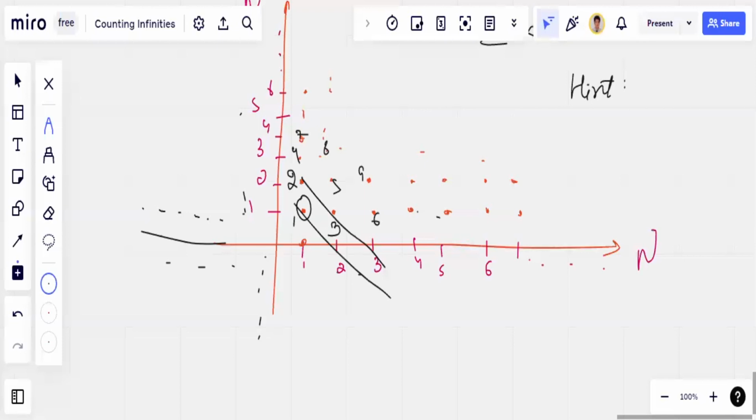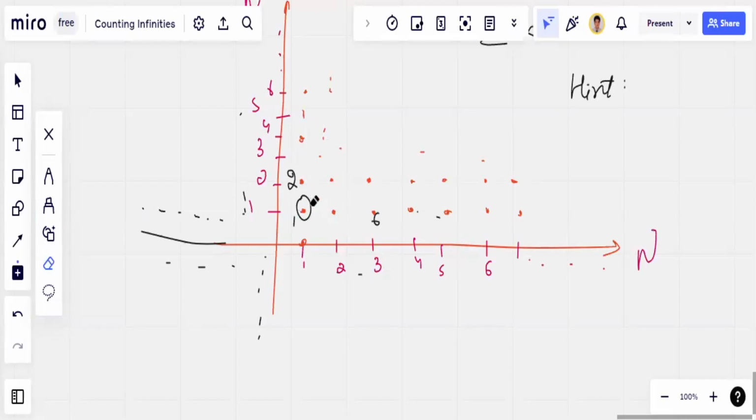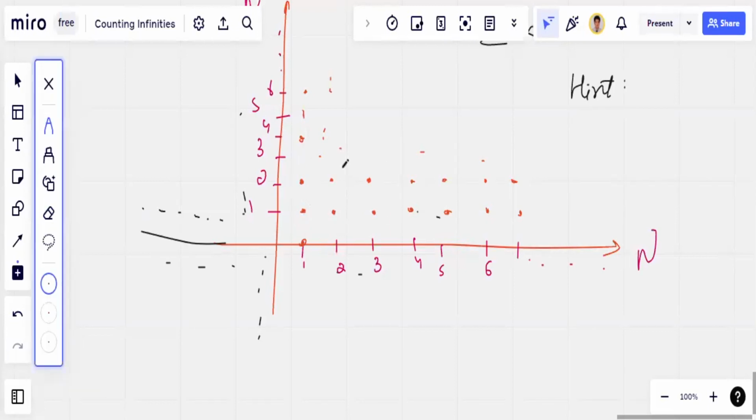Someone said that when you count each point, you can also count its reflection across the x-axis, y-axis, and origin. So suppose when you count 1 comma 1, you also count its reflection across the x-axis, which is 1 comma minus 1, then across the y-axis, minus 1 comma 1, and minus 1 comma minus 1.